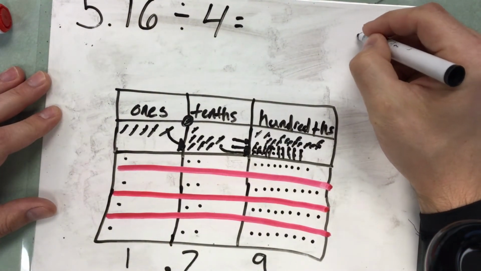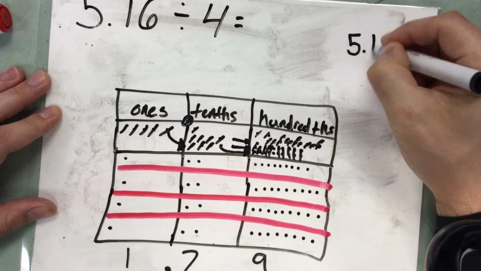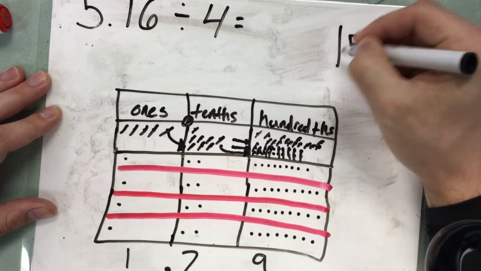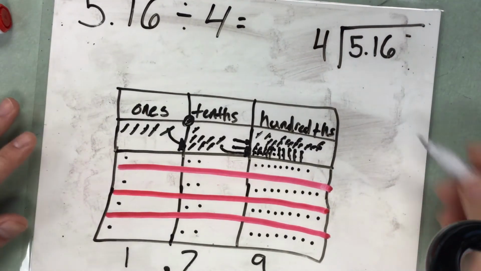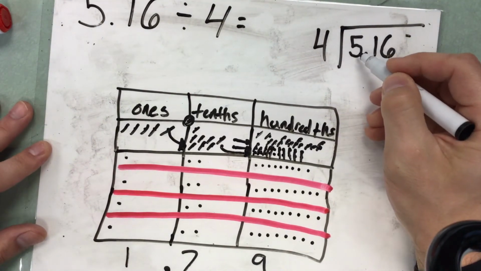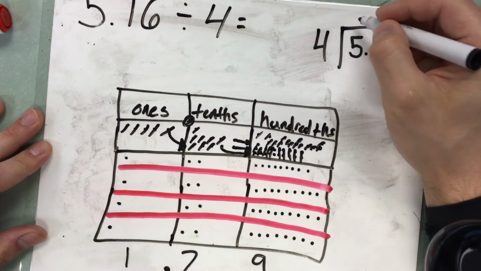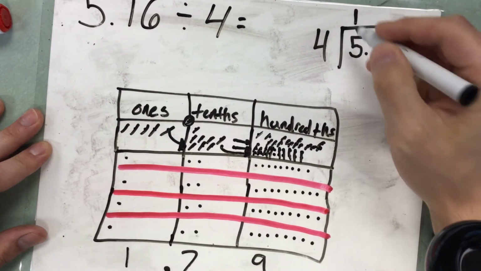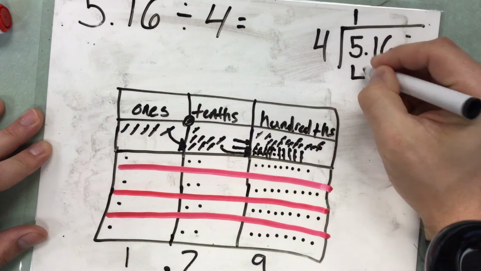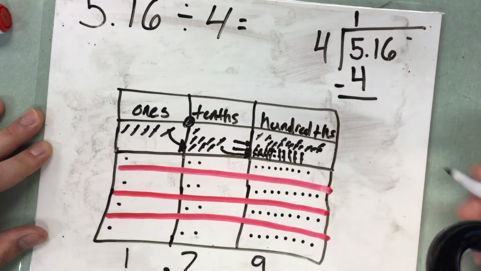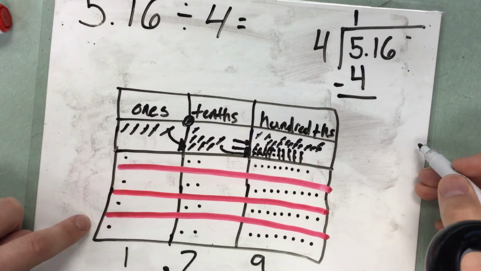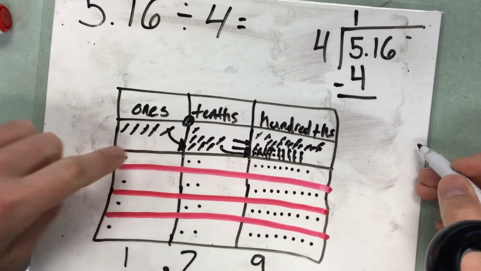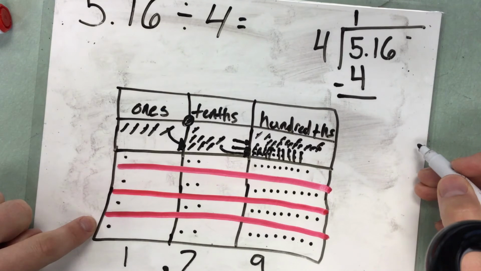So I'm going to have 5 and 16 hundredths divided by 4. 4 will go into 5 how many times? One time. And 1 times 4 is 4. Now I need to subtract. So remember back when we were dividing these groups equally, we had 4 ones and we divided them here.